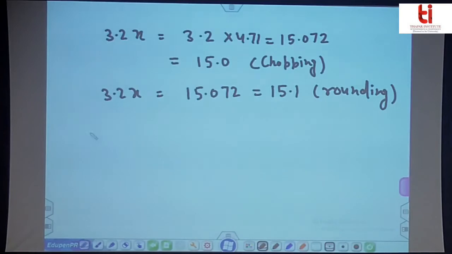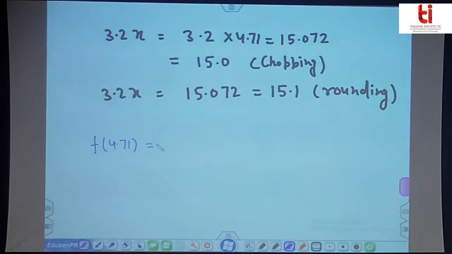Now let us compute the exact value of f of 4.71.